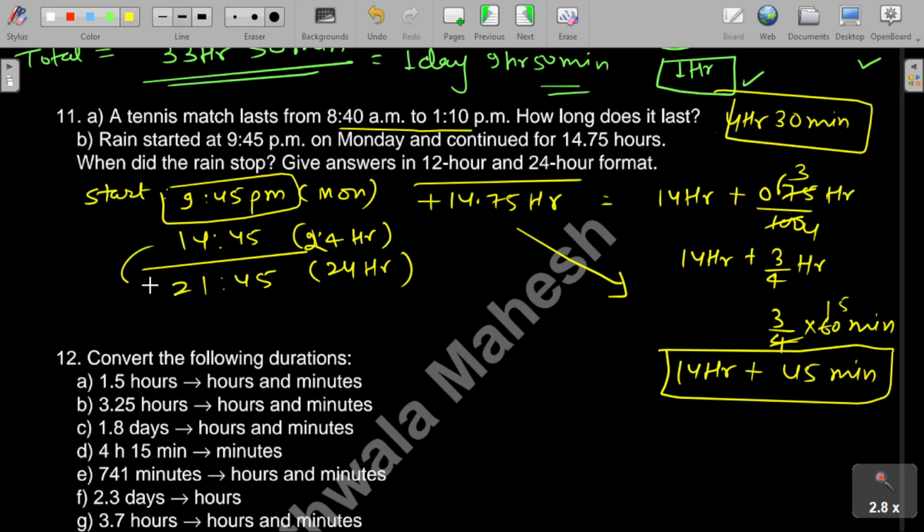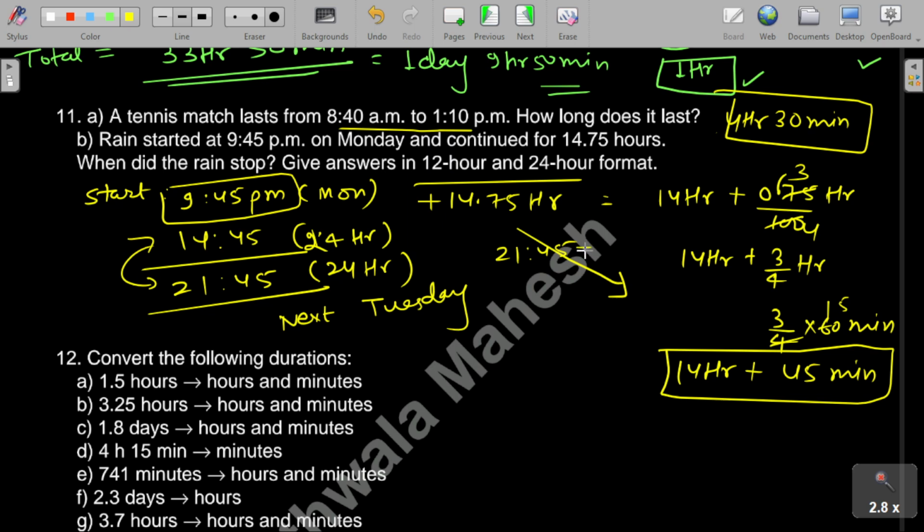Now we can add 14 and 21, which is 35, and 45, which is the next day, Tuesday.